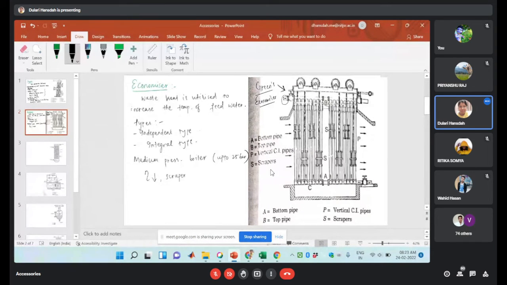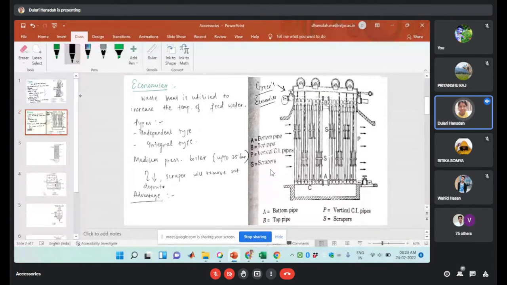There are certain advantages of the economizer. The first one is that the temperature of the feed water is increasing.